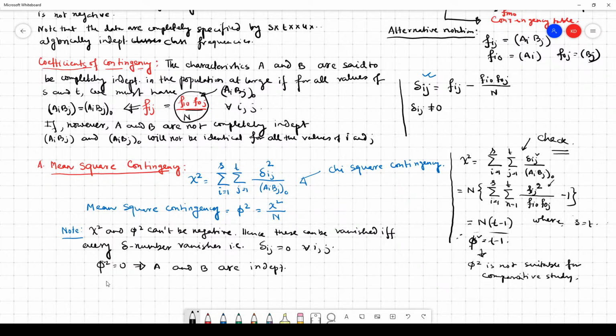Since phi square is a non-negative quantity, it should be greater than or equal to 0, and equality holds, as I already mentioned in note 1, when A and B are independent.